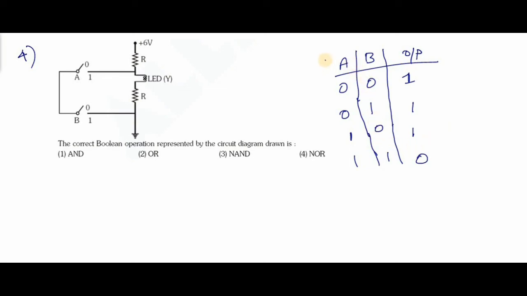Look at the truth table. You will understand it is nothing but the truth table of a NAND gate. So my output is equal to the complement of A and B, which is nothing but the NAND operation. So this circuit represents the NAND operation.